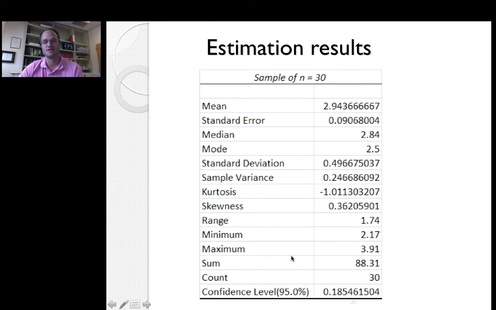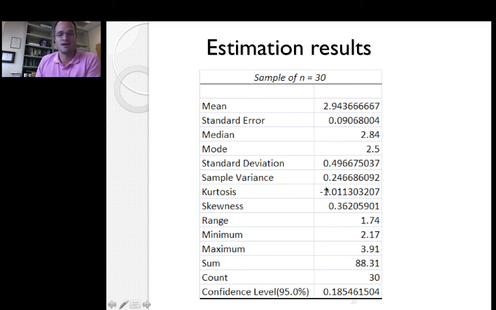Here are the results from using descriptive statistics in Excel. The mean value of 2.94, okay, that is different from 3.05, but the question is, is it different enough from 3.05? Can we attribute it to chance, or are we finding evidence that the mean is different from 3.05?